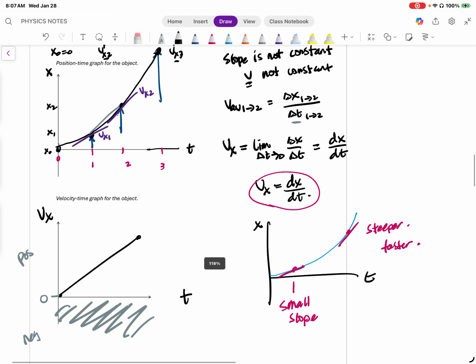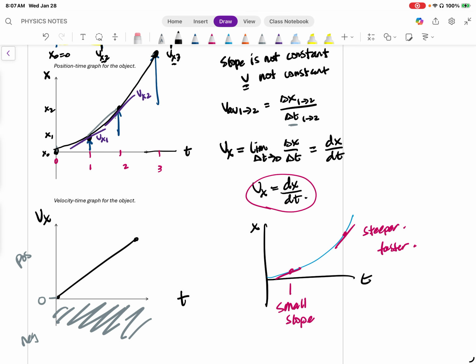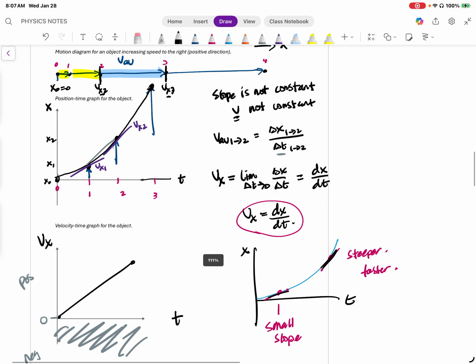So my connection between my position time graph and velocity time graph needs to match up with what's going on with those slopes on the position time graph. Here, a low slope, less steep slope, means we're going slower. Here, we're going faster. So that tells me through this range of motion, of the example that we're working with, my speed is increasing, right? Because that slope on the position time graph is going to increase.